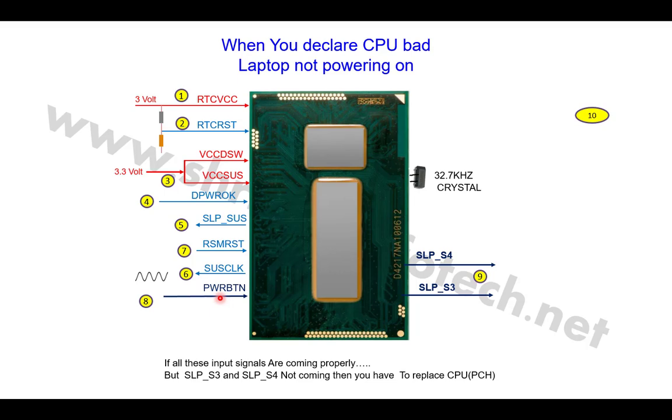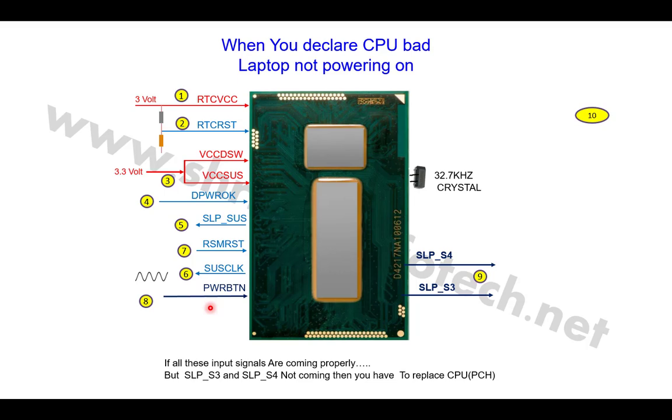The SIO is saying to the CPU that the power button is pressed. Now once the CPU gets the power button signal, it is supposed to generate two signals called SLP underscore S4 and SLP underscore S3. These are the two wake up signals given to the SIO, and this signal is supposed to be 3 volt after pressing the power button.